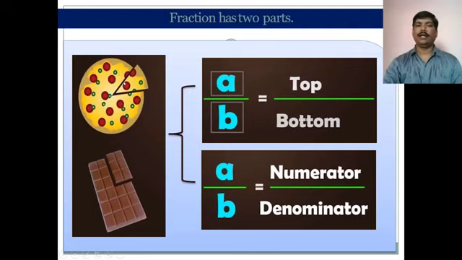So how can you identify a fraction? A fraction has two parts by which we represent it. There are two parts divided by a line segment, one part at the top of the line segment and another part at the bottom.